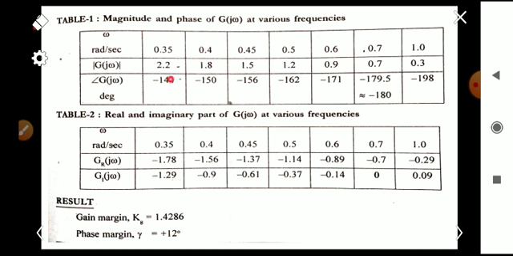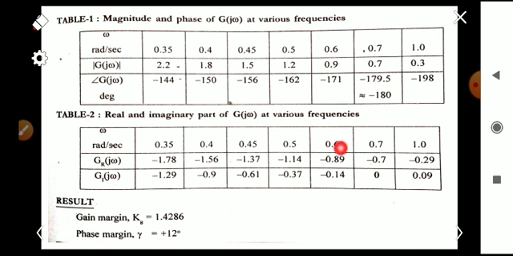We can do it in the calculator using polar to rectangular conversion. For 2.22 as the magnitude and minus 144 as the angle, we get the rectangular coordinate as minus 1.78 and minus 1.29.